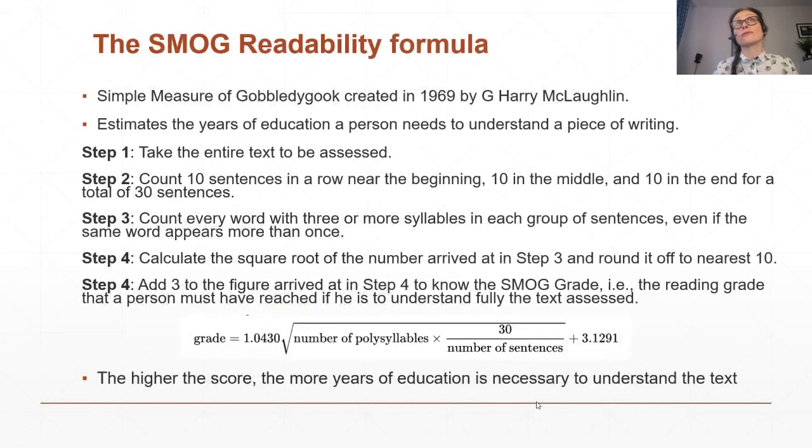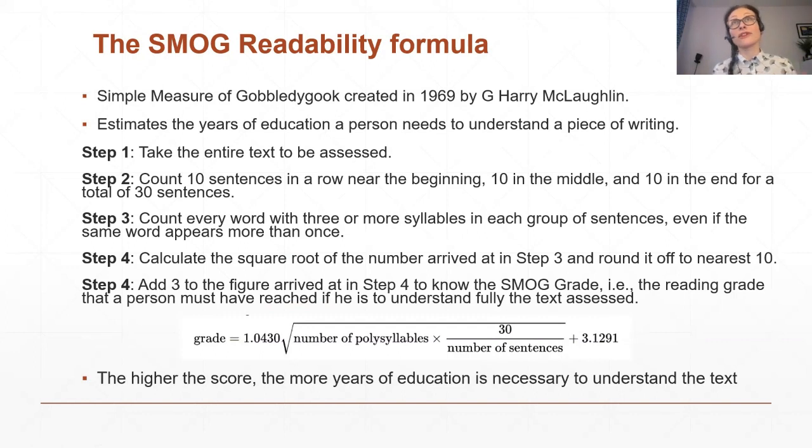There is also the SMOG readability formula, which is still considered a golden standard in medical texts. And what is interesting about this formula is that the creator, Harry McLaughlin, used the 100% correct score criterion, whereas most formulas test for around 50 and 75 comprehension ratio.